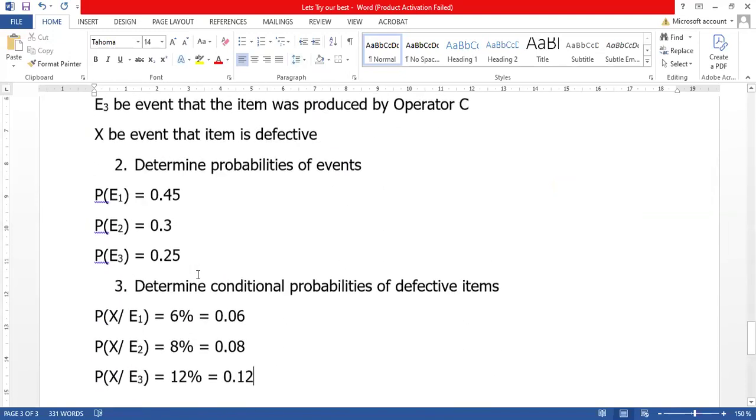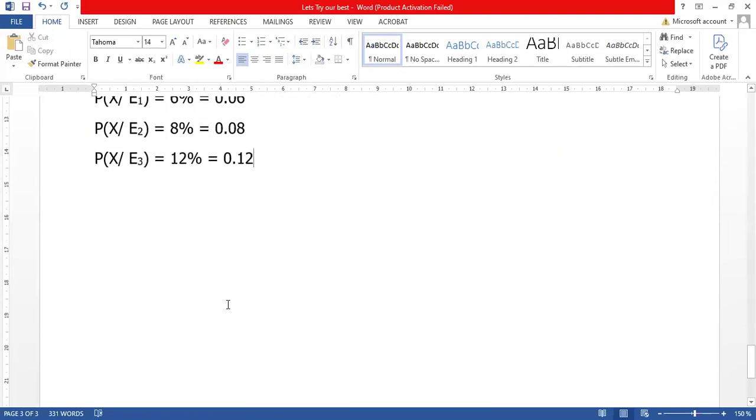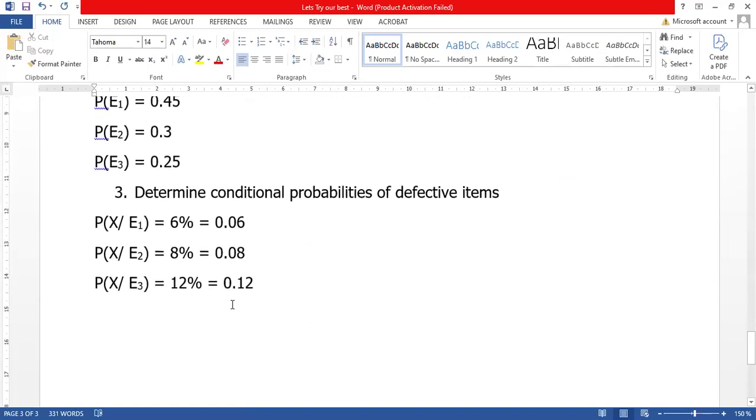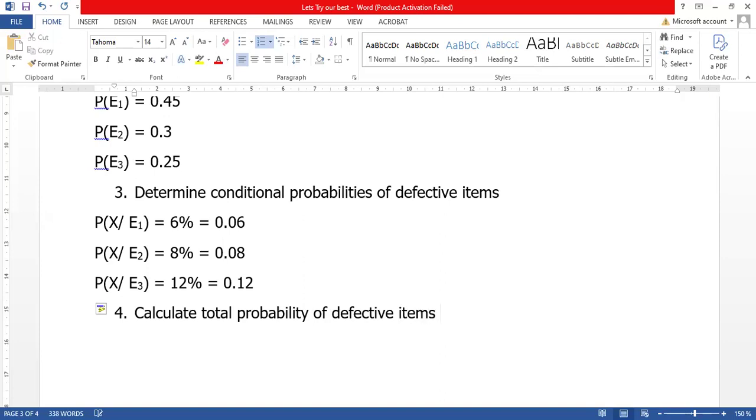Yes. Okay. So from this, step number 4: you calculate the total probability of defective items using the law of total probability.